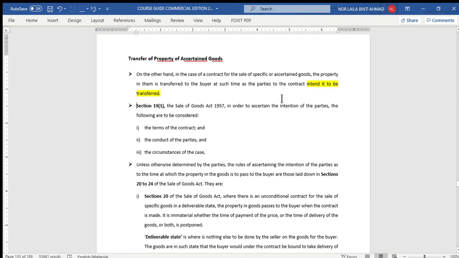But how to ascertain the intention? Based on section 19 subsection 1, intention may be ascertained based on, first, the terms of the contract.